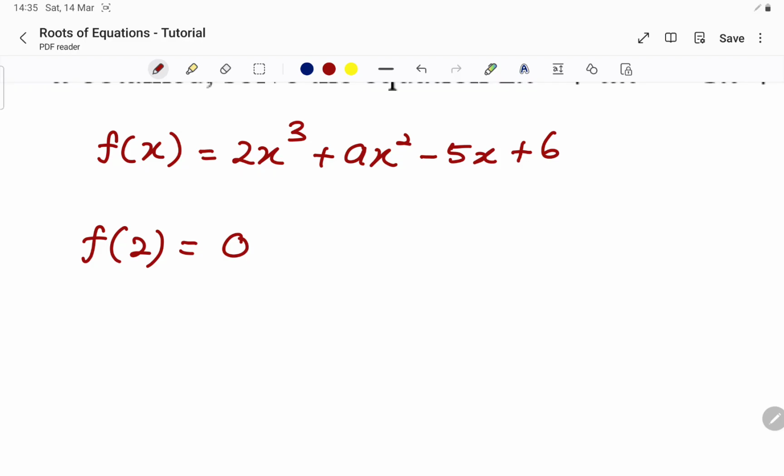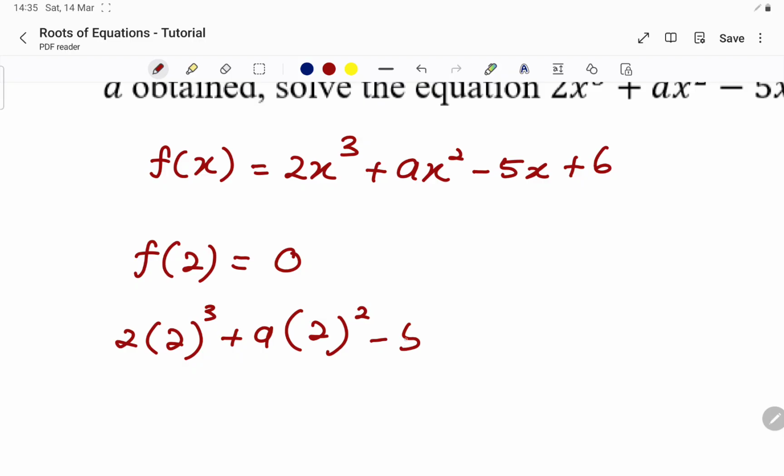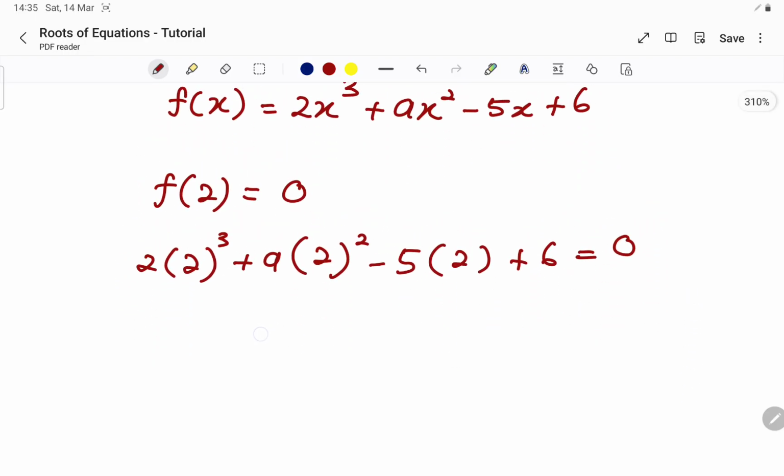Now what you have to do is substitute inside, one by one: 2 multiplied by 2 cubed plus a times 2 squared minus 5 times 2, plus 6 is equal to 0. So 2 multiplied by 2 cubed is 16, plus 4a, minus 10, plus 6, equal to 0.